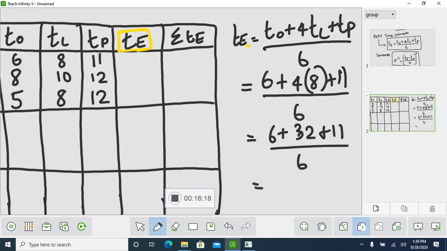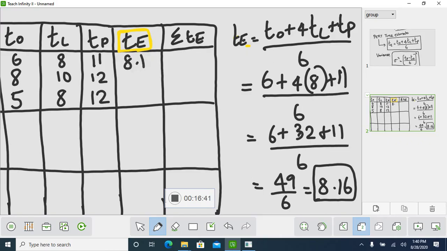That is 49 divided by 6, equal to 8 point, what will the answer be? 8.16. So this is your expected time for activity 1 to 2. So you will be writing 8.16.